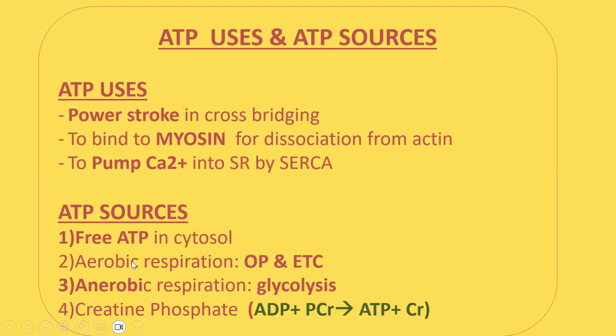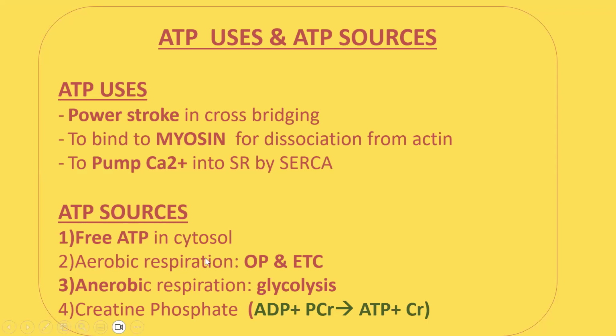We get it from four locations, and maybe you took three out of four of them before, but we're going to discuss them either way. Now, ATP sources: you have free ATP in the cytosol, just free ATP roaming around in the cytoplasm, like free currency.